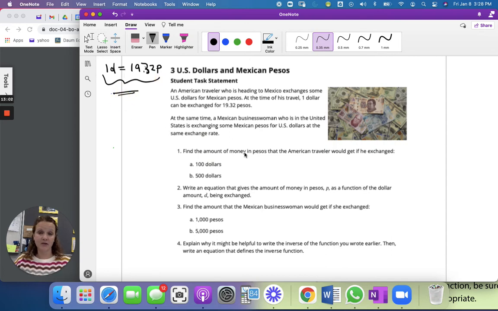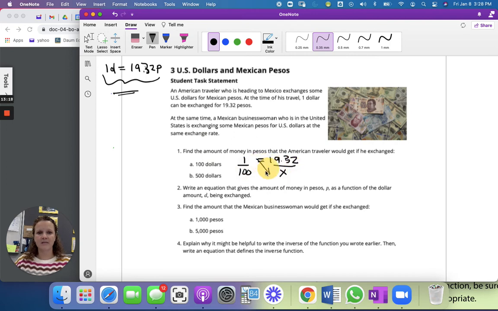Now, if we have $100, how many pesos do we have? So if $1 equals 19.32 pesos, I'm going to set up a ratio. $100 equals how many?